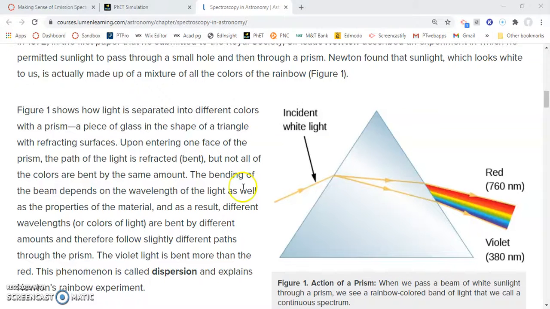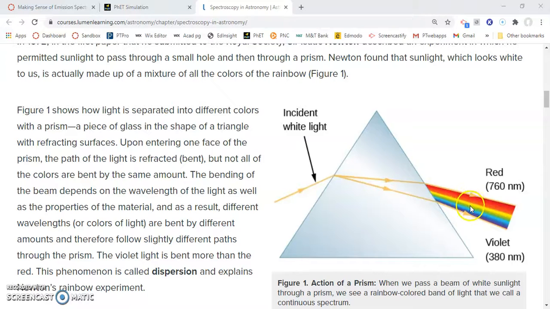Once you shine a narrowed beam, so kind of a slice of the light, into a prism or onto a spectrophotometer, what happens is that the density of the material you're shining the light through causes the light to be broken down into all the different wavelengths that exist.